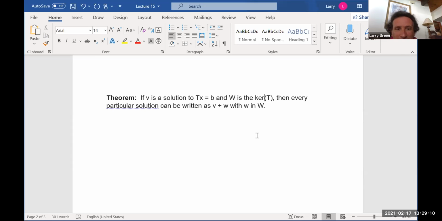Where it's 0, set it equal to 0 and solve. And that's the kernel. So W is in the kernel of this linear transformation. Then every particular solution can be written as V plus W with W in the kernel. Any questions on what this theorem says before I go and prove it?